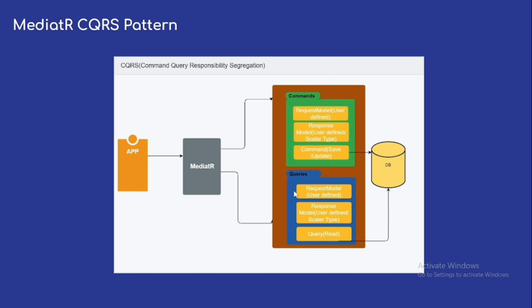If I am working on a query, I have to create at most three files. One file is the query handler, another file is the request model, another file is the response model. These three files must be created.